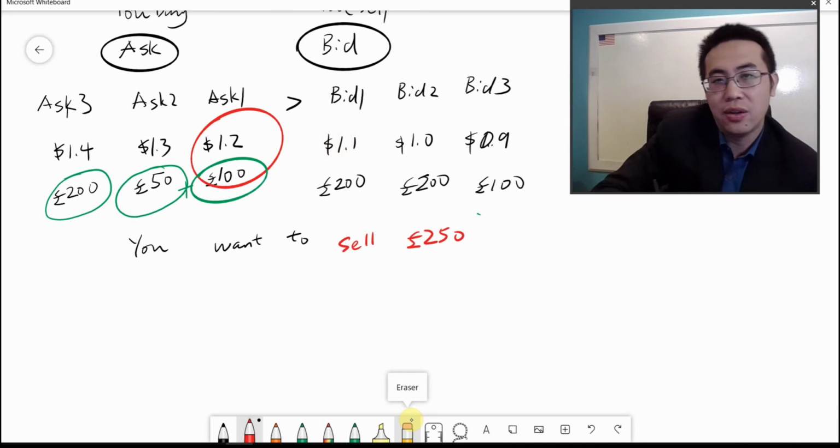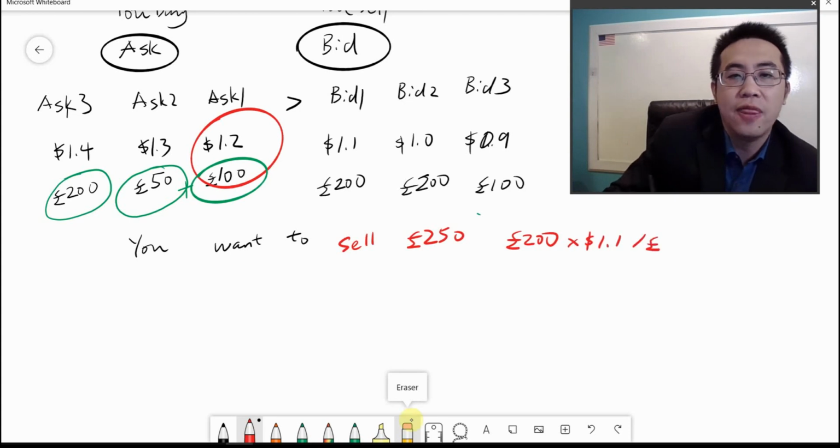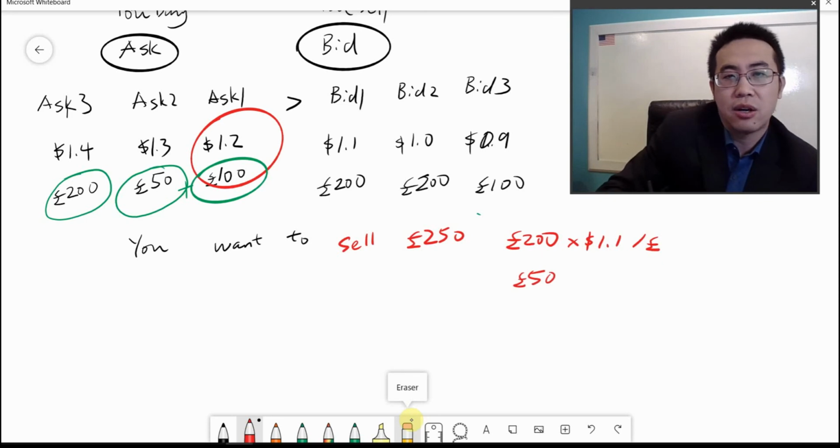But does that satisfy your need? Not really. You need to sell 250, but this one only has 200. So basically, you will use all the inventory from the first banker at $1.1 per pound, and then you still need to sell another 50 pounds, and that's going to come from the second banker's inventory at $1.0 per pound.